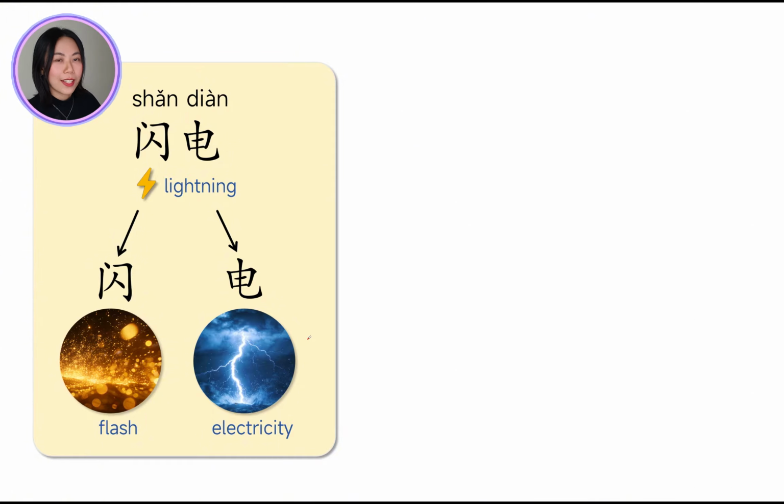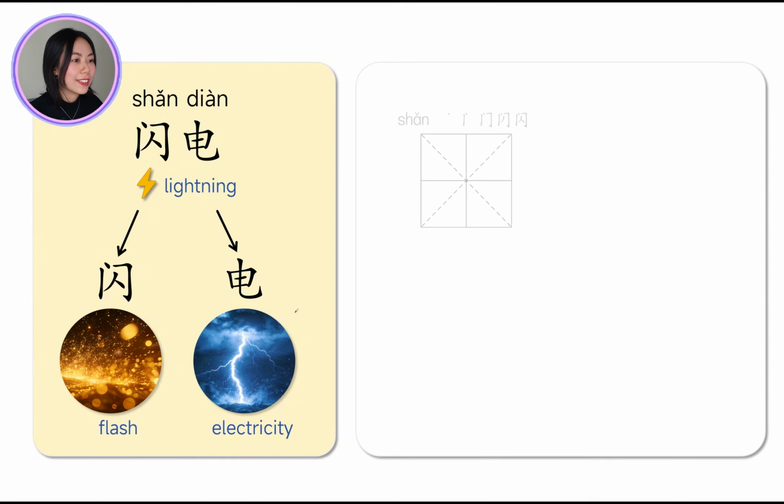And just a little heads up, the 电 is very, very practical. You can see 电 a lot in the words that are related to electronics. Okay, let's try to write 闪电.